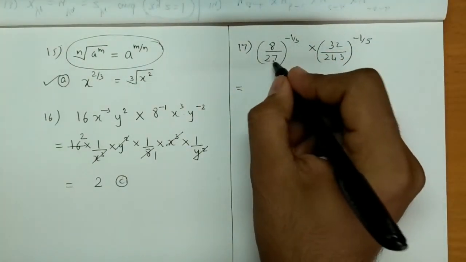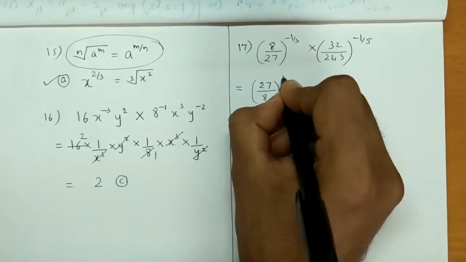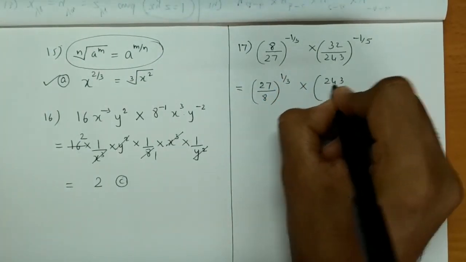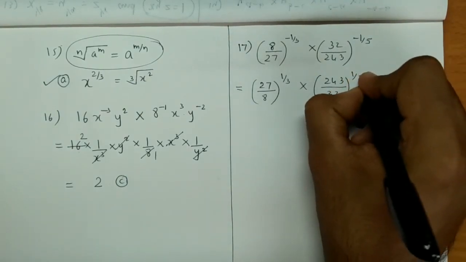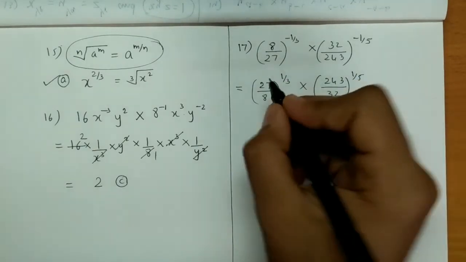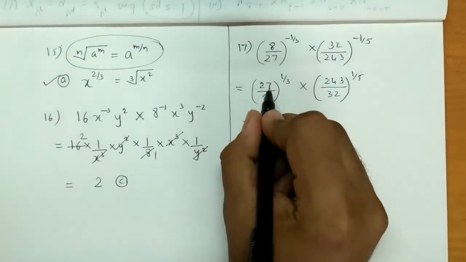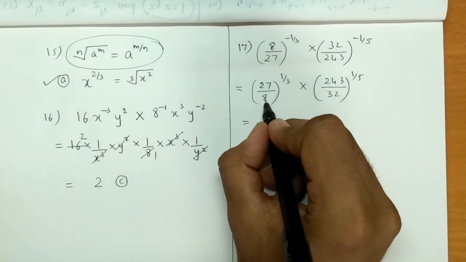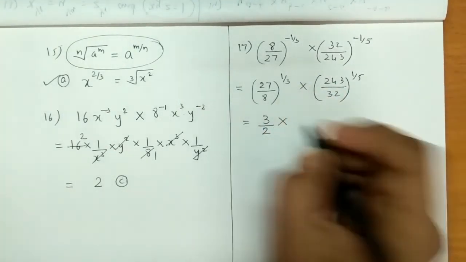Okay, अगर हम इसका रेसिप्रोकल करते हैं 27 by 8 तो ये हो जाएगा 1 by 3. इसका अगर हम रेसिप्रोकल करें so 243 upon 32 raised to 1 by 5. Now 1 by 3 is actually cube root. So 27 का क्यूब रूट होता है 3, करेक्ट. 3 क्यूब इज 27. और वैसे ही 2 क्यूब इज 8. सो इसका अगर हम क्यूब रूट लेते हैं सो आंसर आएगा 2.